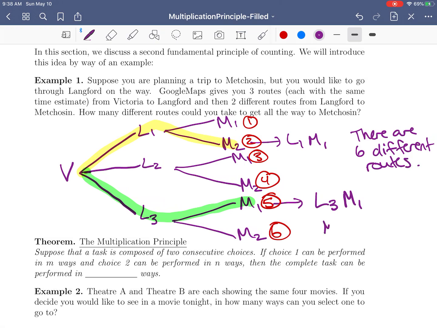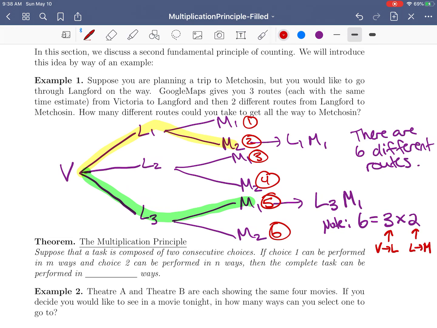Now notice that 6 is 3 times 2. This is called the multiplication principle, so you might be expecting some sort of multiplying to be happening here. 3 was the options from Victoria to Langford, and 2 was the number of options from Langford to Machosen.